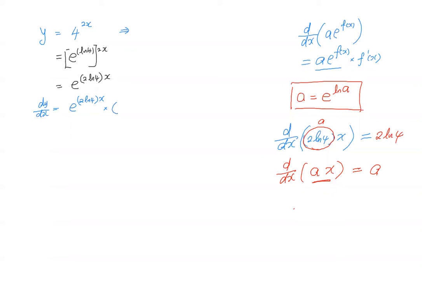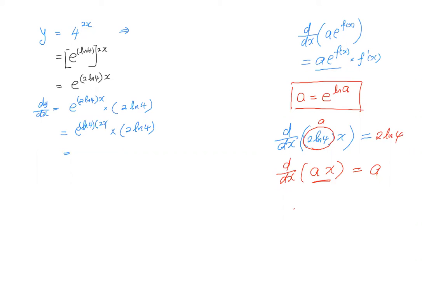So from now onward, your constant times x, the constant can be any form. You get me? So this will be 2 ln 4. So now it will become e to the ln 4 times 2x times 2 ln 4.